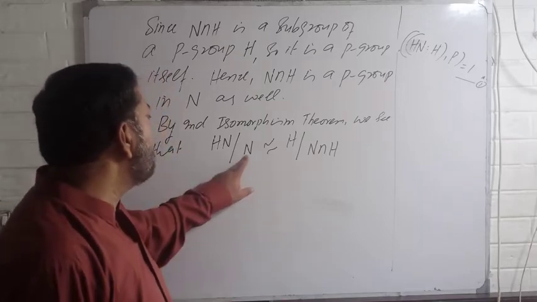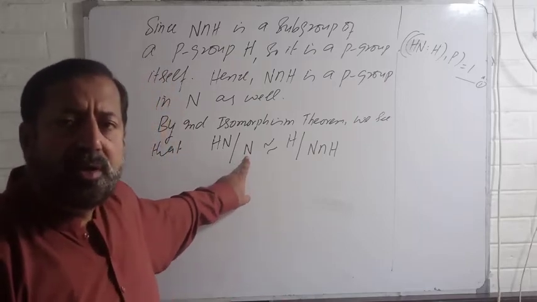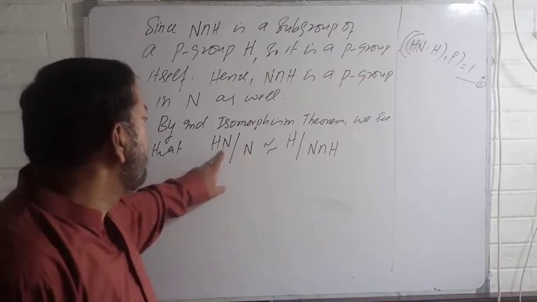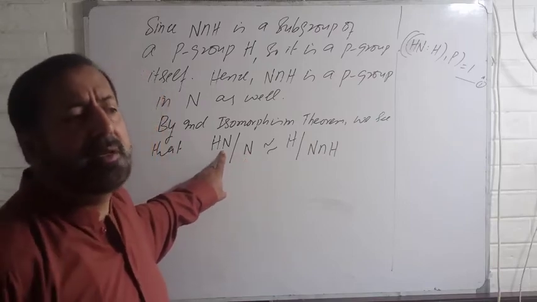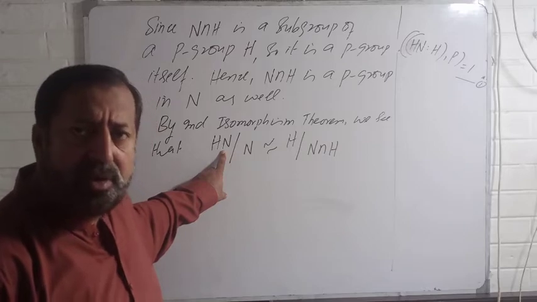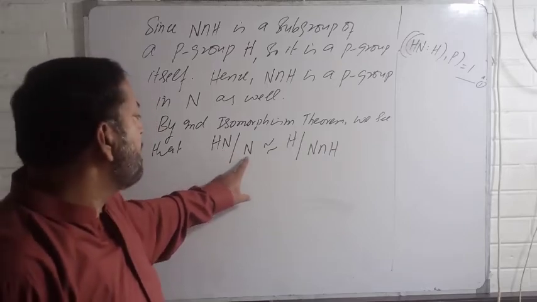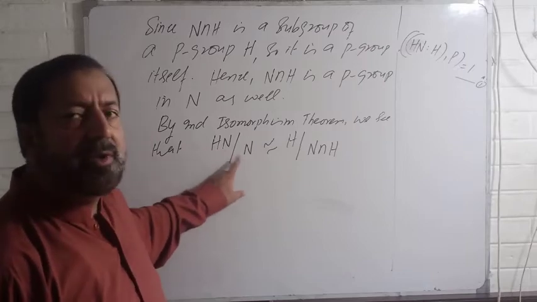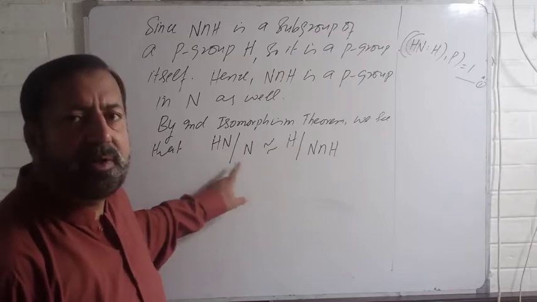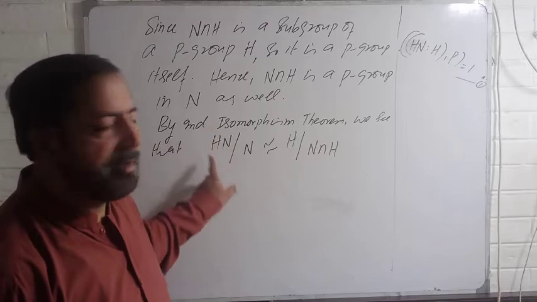So since N is normal in G and N is contained in HN, where HN is a subgroup of G containing N, capital N must be normal in HN. So that's why the structure is well defined. This means that this is a quotient group.